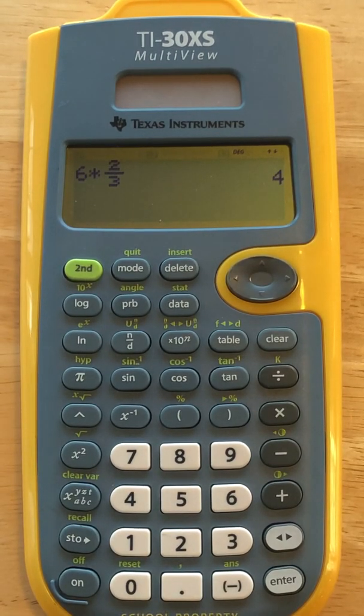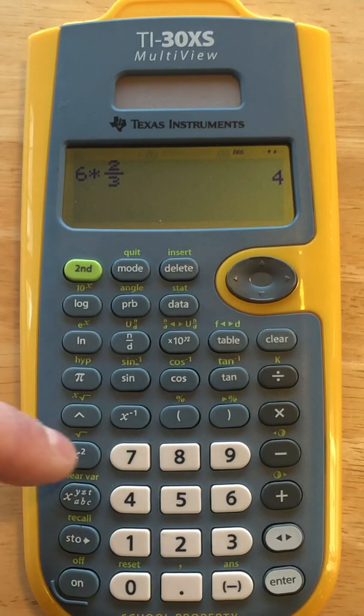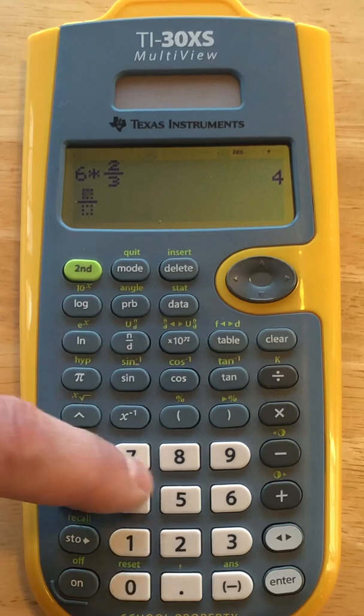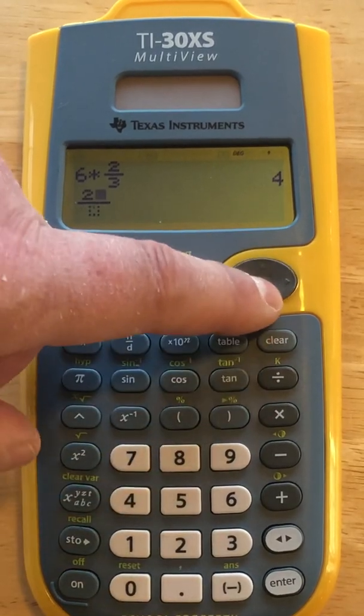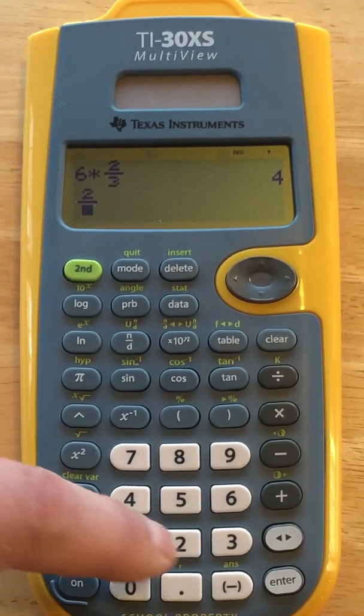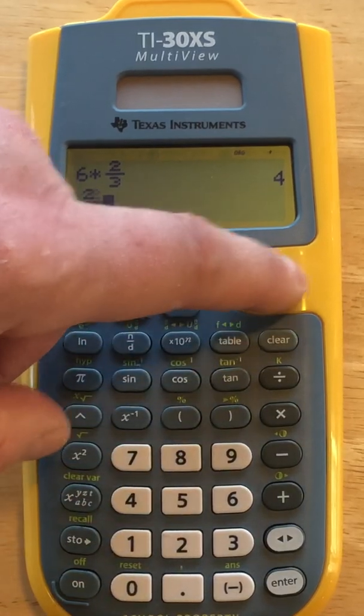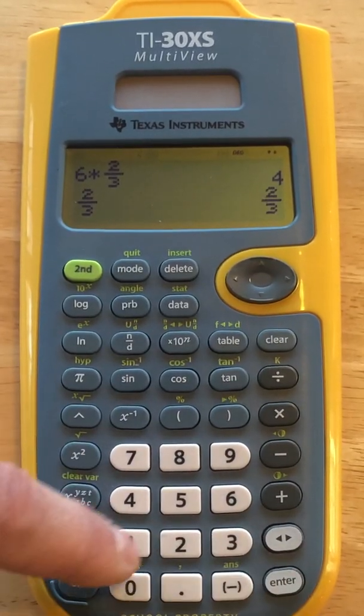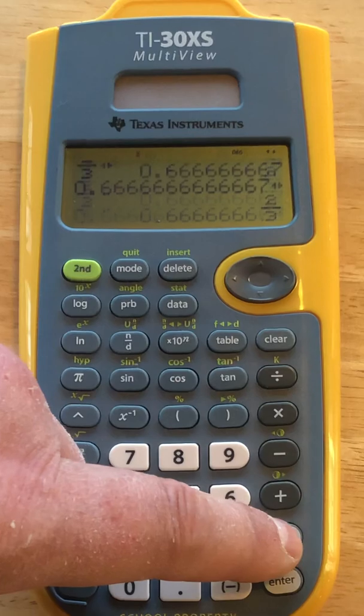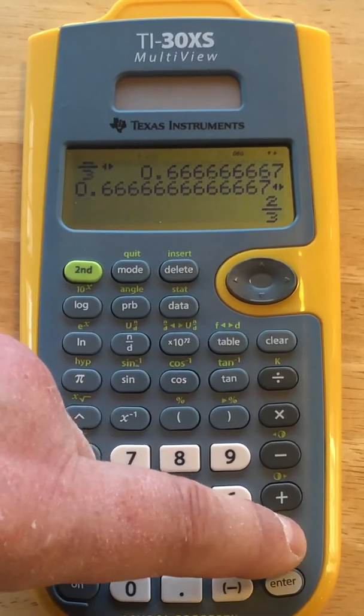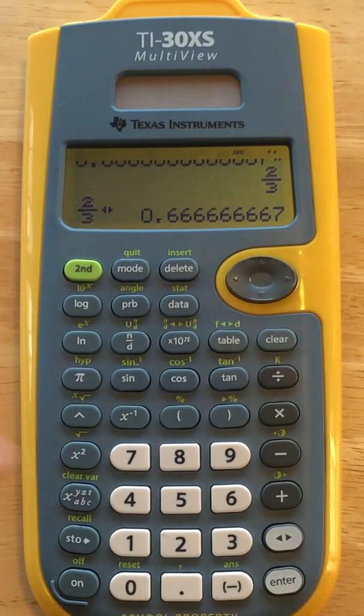If I wanted to go between fractions and decimals, let me do a fraction for you, just 2/3 is fine. I already showed you this, but it's important. So I get 2/3, and then that changes it back and forth. But what if you wanted a mixed number? Let's watch this.